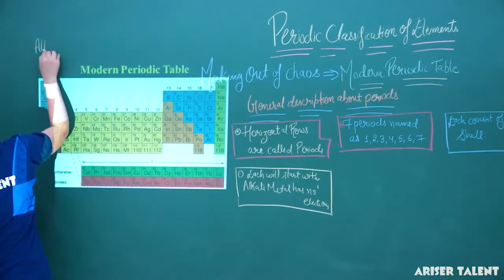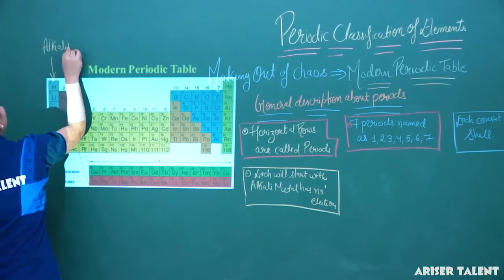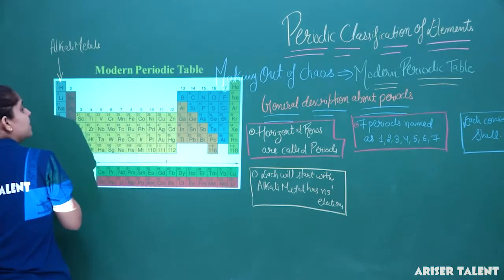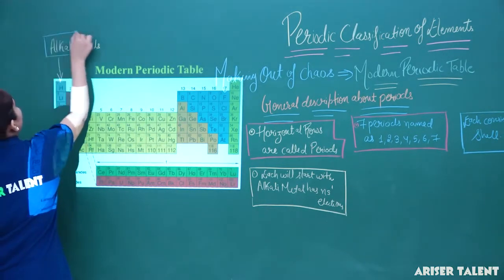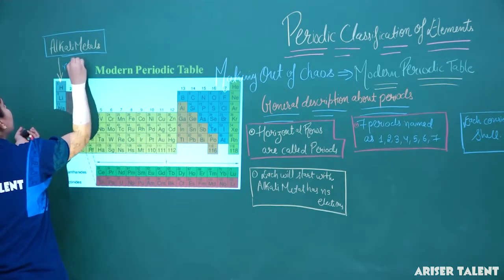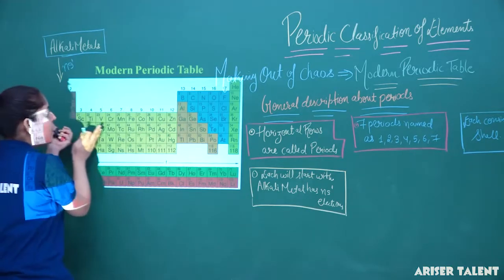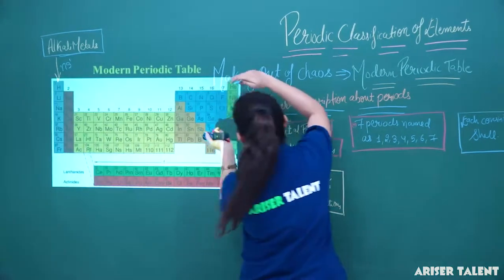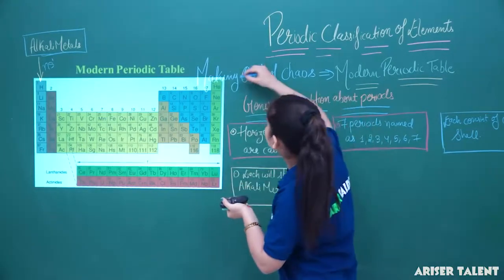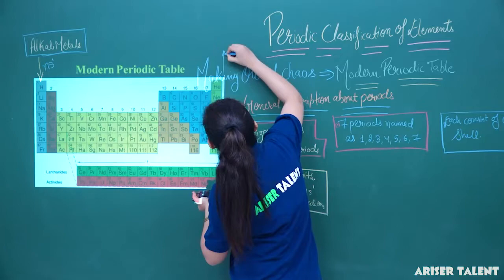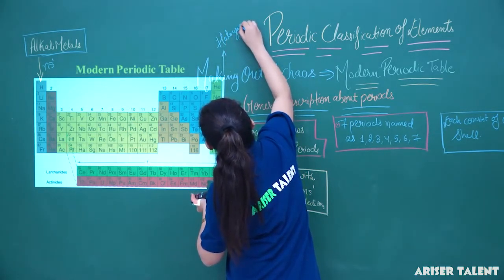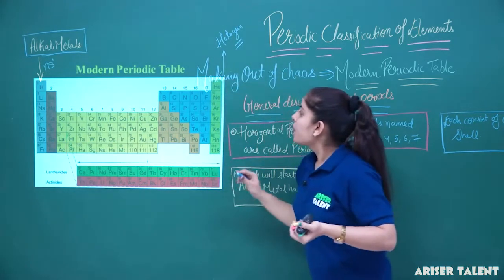These are actually alkali metals. So we can see that this table starts from alkali metals having electronic configuration ns1, and moving along the periods, the table ends at the 18th group elements.